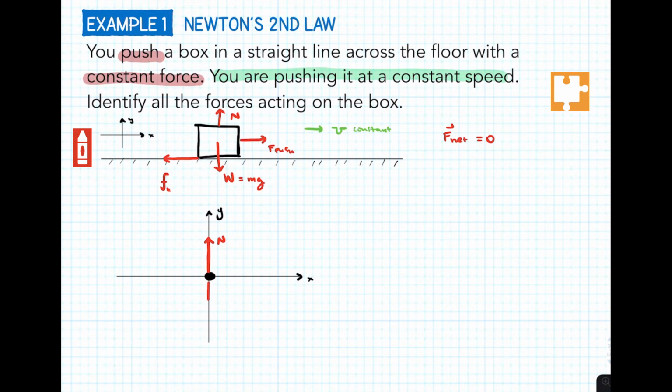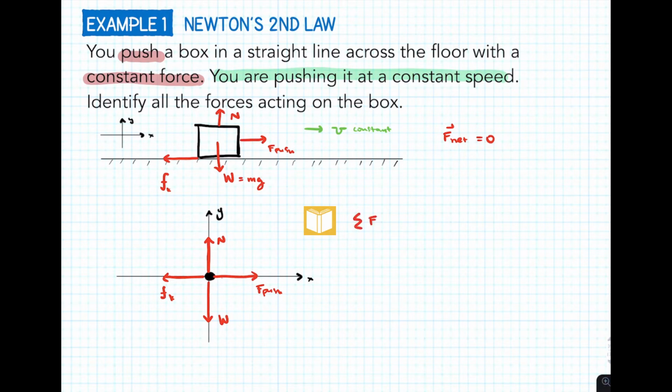And then we have the weight going down, and we have our force from the push, and we have our force from kinetic friction. And we know if we use Newton's law, which is net force equals mass times acceleration as vectors, we can sum up the forces in the x direction.